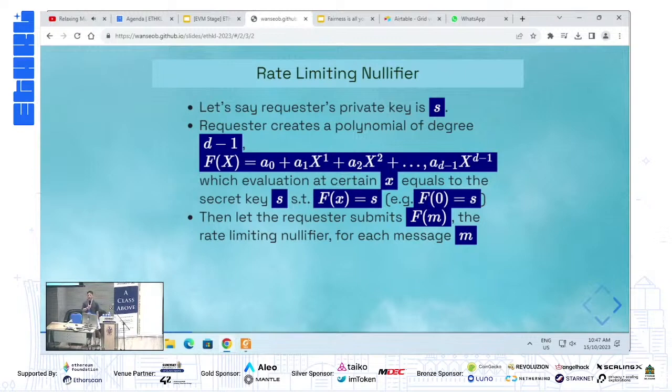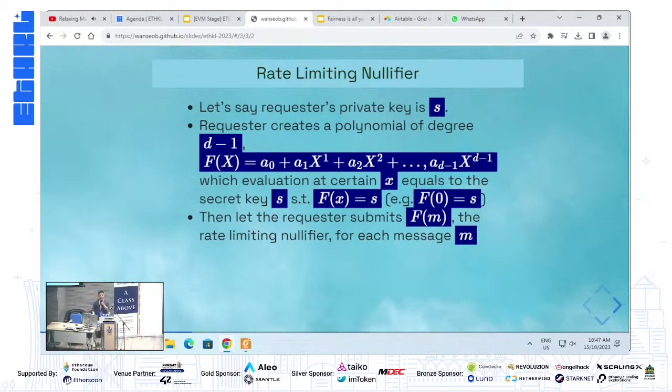If the requester shares d or more f(m) values, then the server can interpolate the polynomial and can just compute the polynomial. For example, if you have 2 points, you can compute a line. And if you have 3 points, you can compute a parabola. So if you have d points, you can compute a degree d minus 1 polynomial, because we can interpolate.